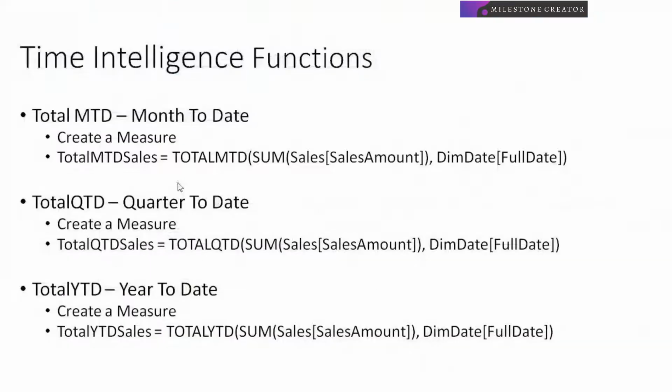So what is MTD? To get month to date, or quarter to date, or year to date, if I want to create this, because I have to summarize the data, what are we going to be creating?